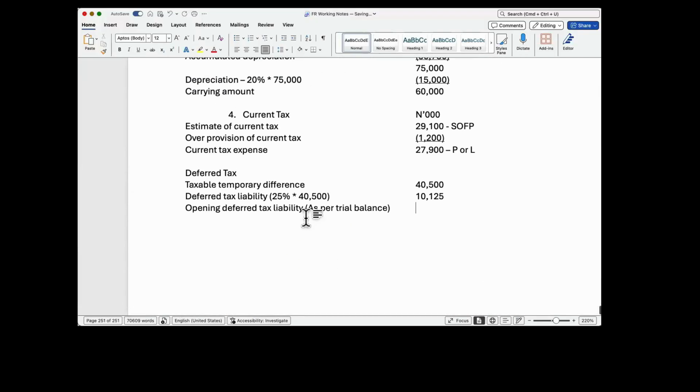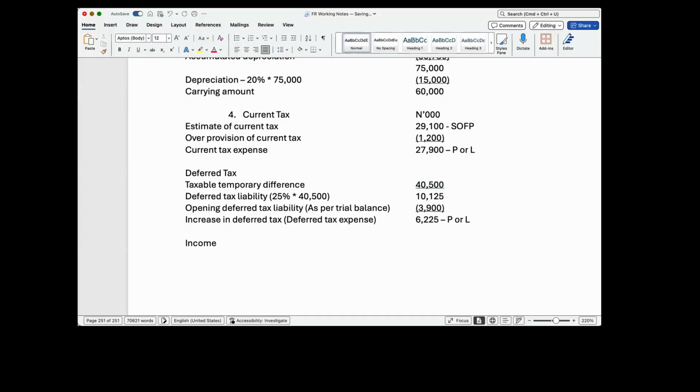Compare the two. So in this case, there's an increase in deferred tax for the year. So this will go to my P&L as deferred tax expense. What's the difference? 10,125 minus 3,900, 6,225. It goes to my P&L.